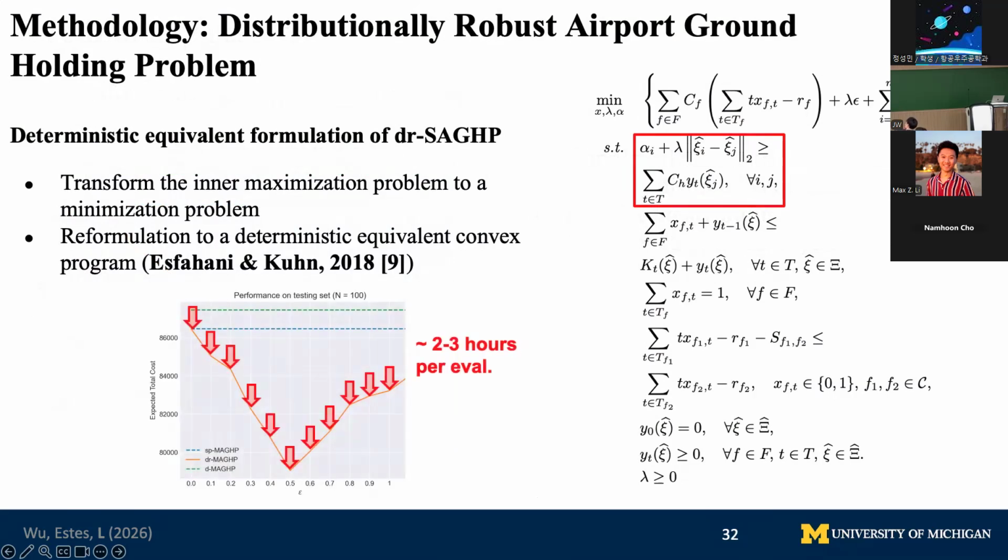Which means that every single point on this curve takes 2 to 3 hours to compute. Which is very challenging, because how am I supposed to find the optimal epsilon if it takes me 2 to 3 hours? And remember, I'm making decisions usually for a 2 to 6 hour look ahead. How the heck can I justify a 2 to 3 hour evaluation cost? This is very expensive.